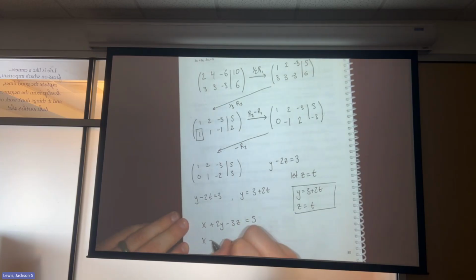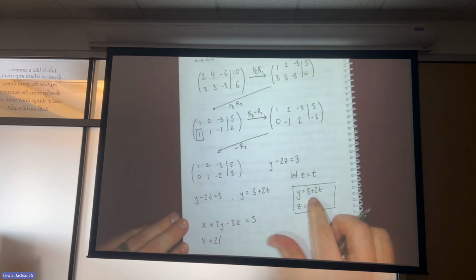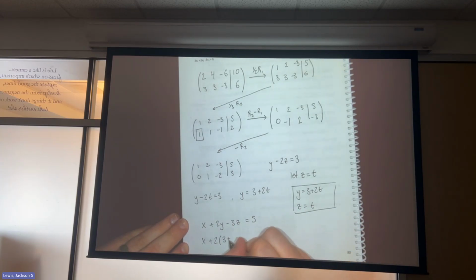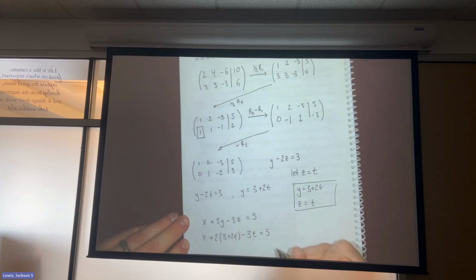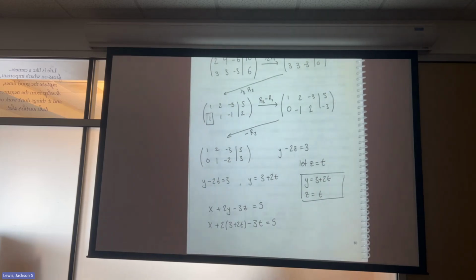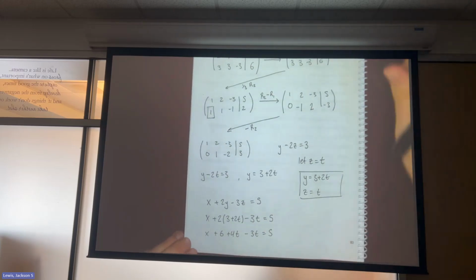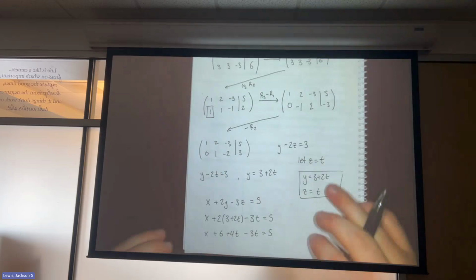So x plus 2 times this whole quantity of y, 3 plus 2t, minus 3, z is t, equals 5. And then I just solve for x. x plus 6 plus 4t minus 3t equals 5. Move this down a bit.